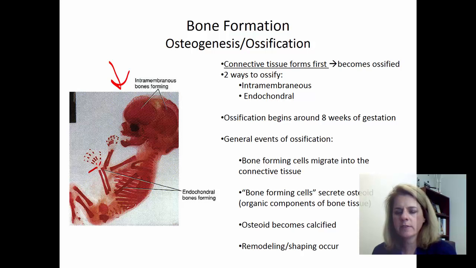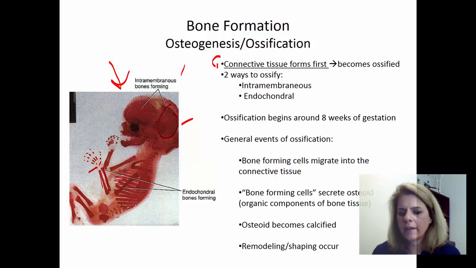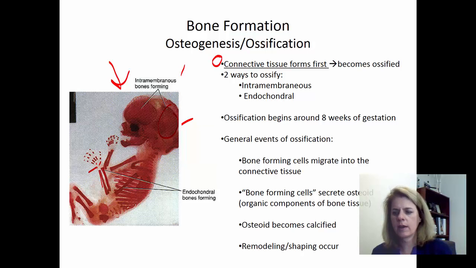You have two ways of making bone. You have what are called endochondral bones and intramembranous bones, and that's what you're seeing here. These are endochondral bones, your long bones here, and your intramembranous bones are forming these bones around your skull. In both cases, you form connective tissue first, and then you harden that, or ossify it.